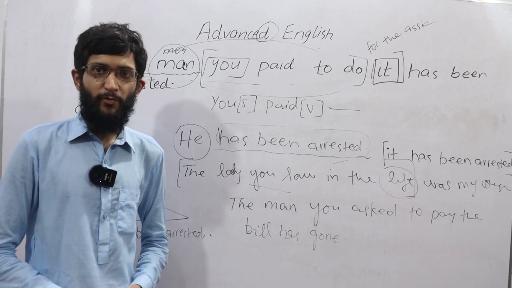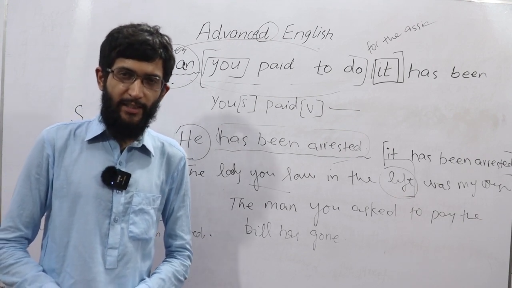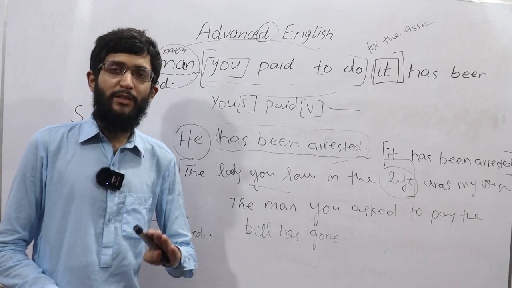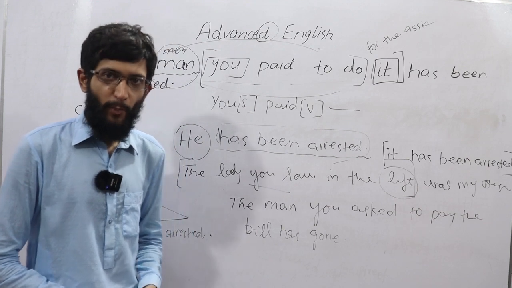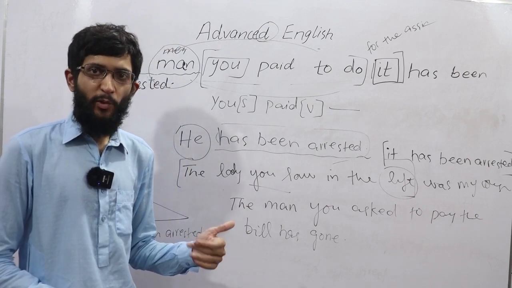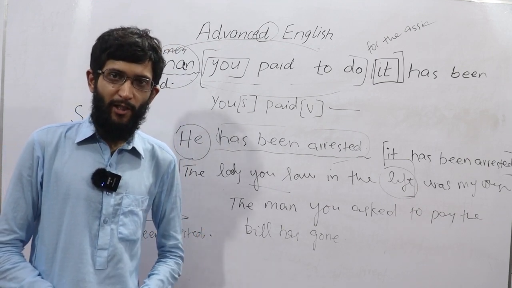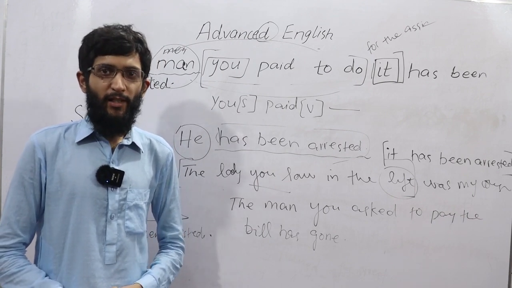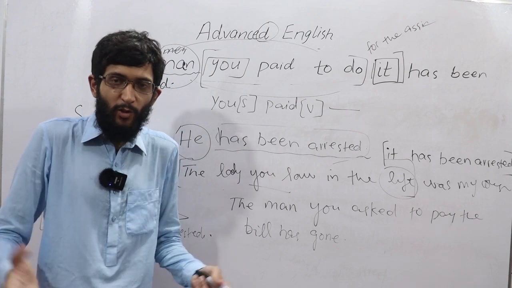Might be your friend Ahmed, Ali, or anyone. You asked him to pay the bill because it was his turn today. But after 5 minutes or 10 minutes, the waiter comes to you and says, sir, the man you had asked to pay the bill has just gone.